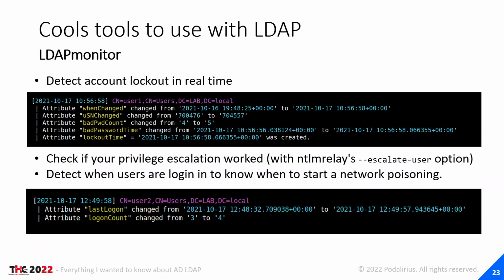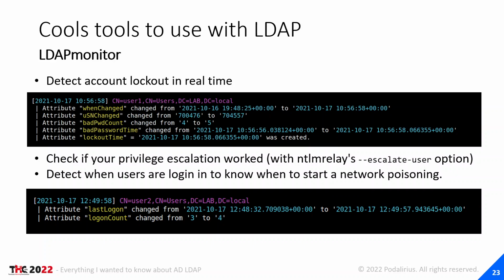You can also use it to check if your privilege escalation worked fine. For example, when you are using NTLM relays with the escalate user option, it is an option that allows you to control an account. For example, you have already an account inside the Active Directory and you want to change the rights on this account if you are able to relay a user with more rights onto your account.